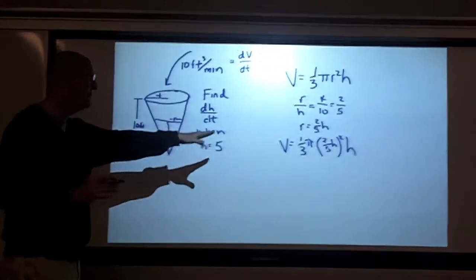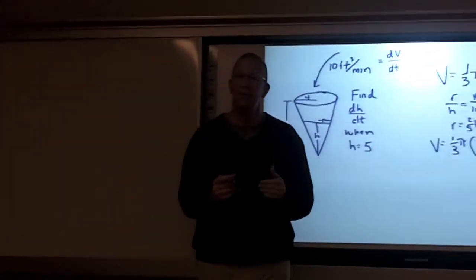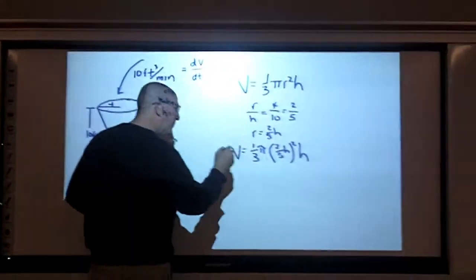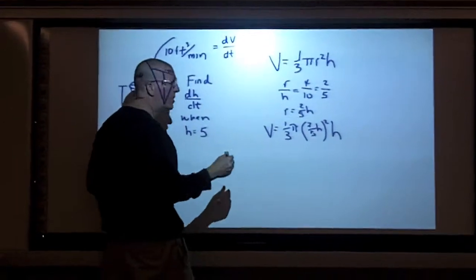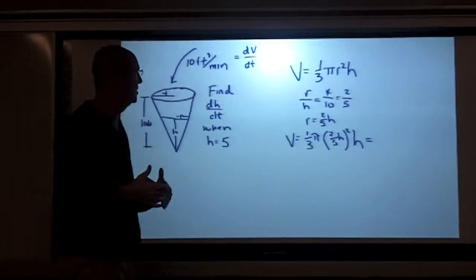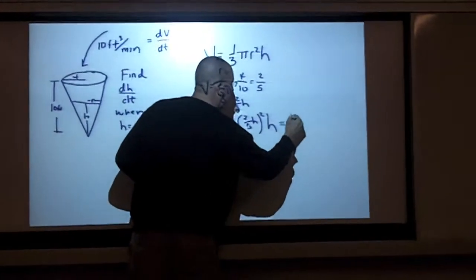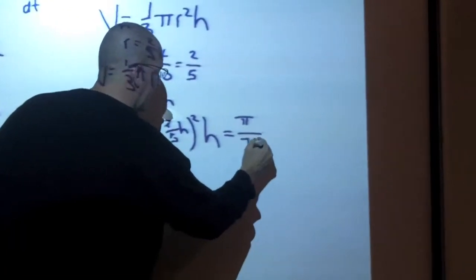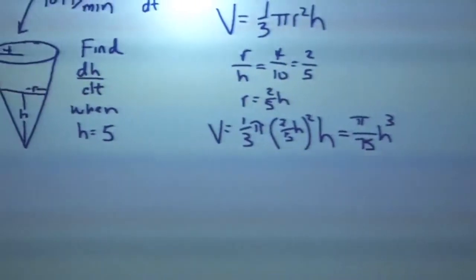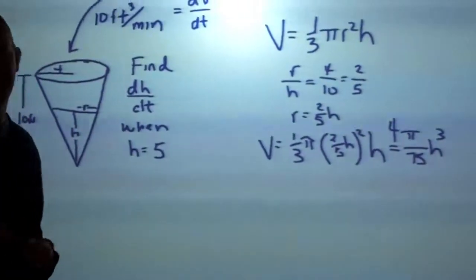You did a great job to get to this point, but take your time and finish the job. Before I differentiate, I'm going to make a little arithmetic maneuver to make my life a little simpler. 4 over 25 times 3, get my constant out here, and there's my variable, 4 pi over 75 h cubed.